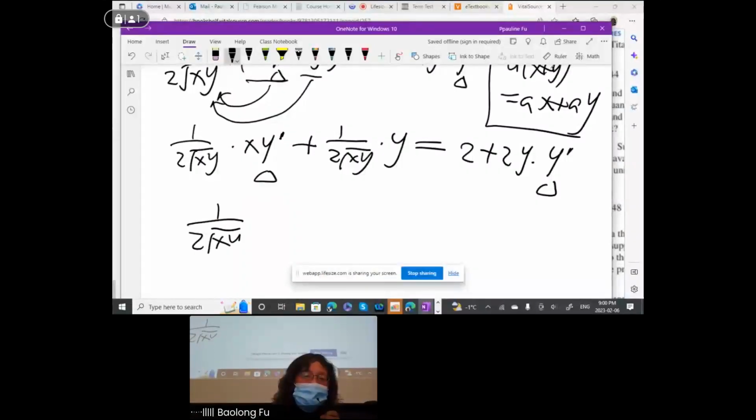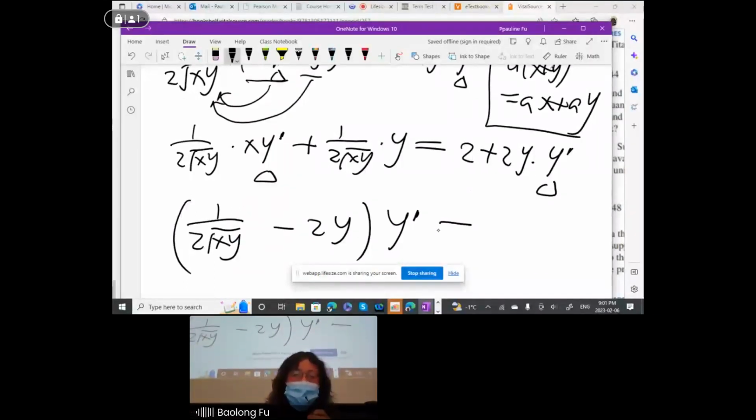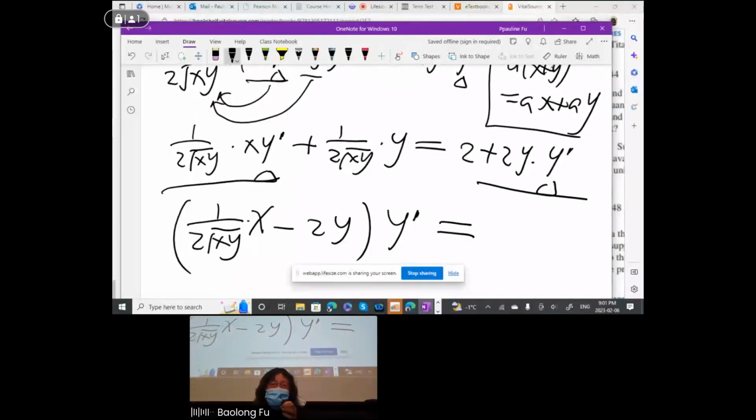I will jump one step, move this to the left, and collect the right terms. There is an x here. So these two terms I move together, collect like terms.